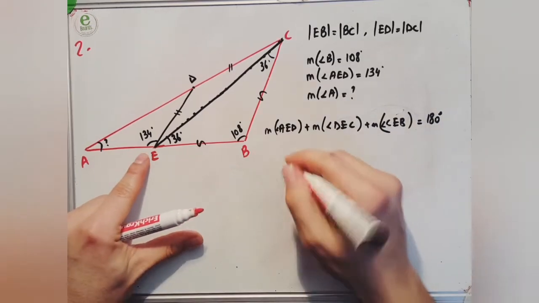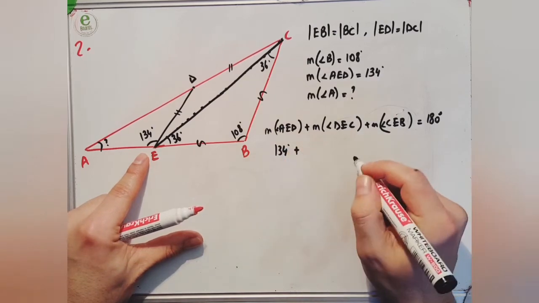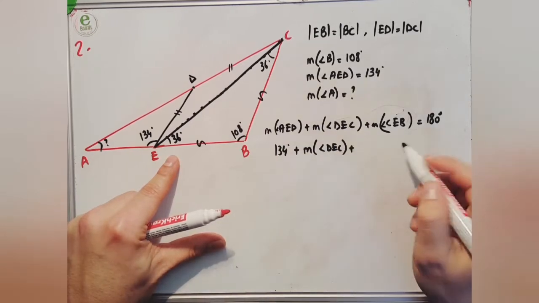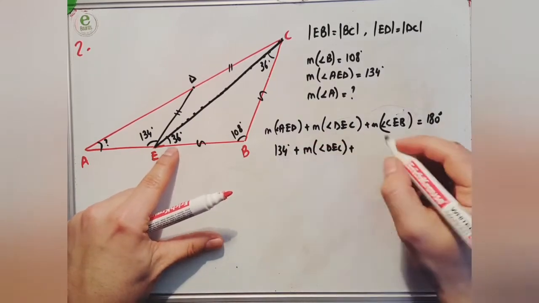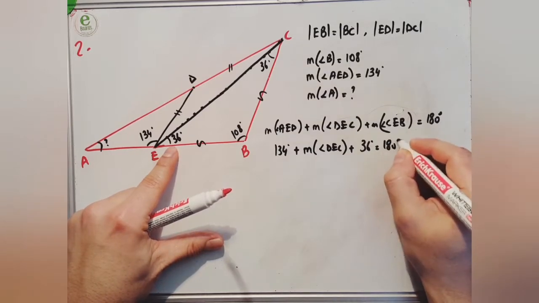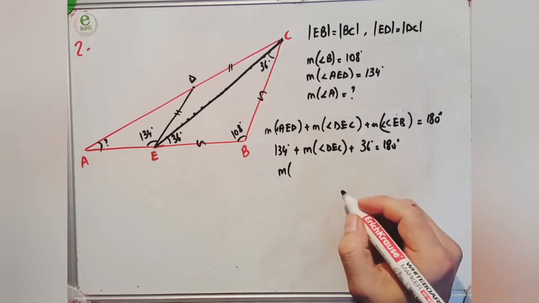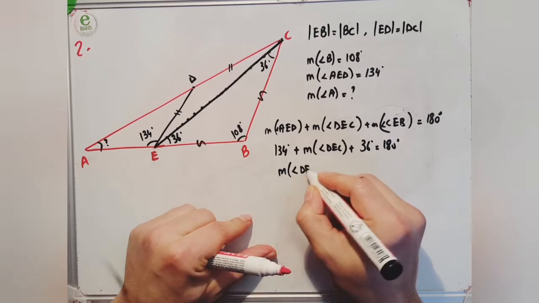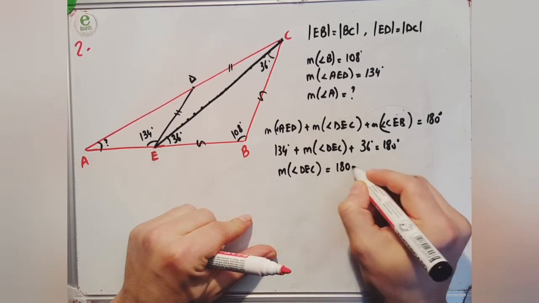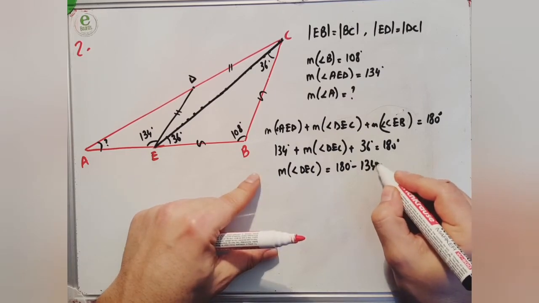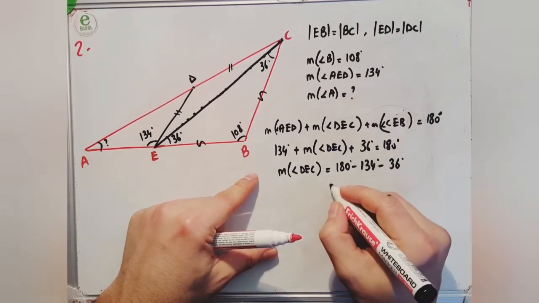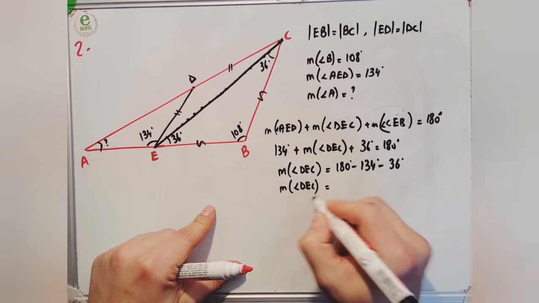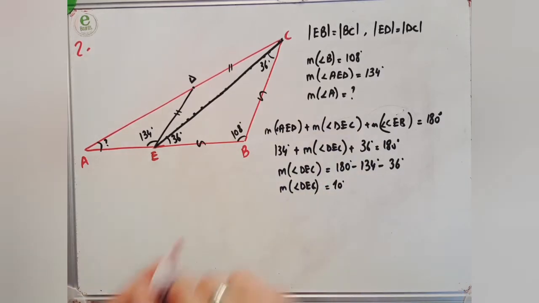So AED is given as 134 degrees, plus the measure of DEC, which we don't know, and the measure of angle CEB we found is 36 degrees, is equal to 180. So when we isolate the measure of angle DEC on the left, we will have 180 degrees minus 134 degrees minus 36 degrees, and we will get for angle DEC 10 degrees.